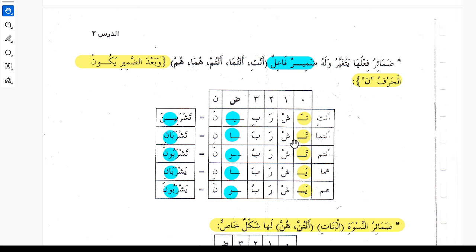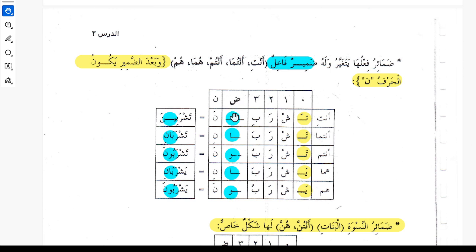Antuma, the pronoun is alif, and then noon is added, tashrabani. Antum, similarly, tashrabuna. Huma yashrabani. Hum yashrabuna.